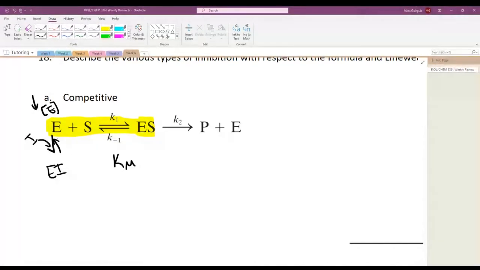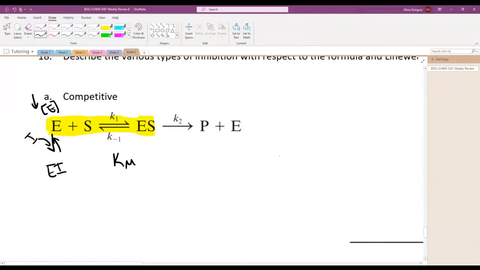Actually, we're gonna pause before we get into this. Your Km and your Vmax are almost intrinsic values. Your Km specifically is really an intrinsic value of the enzyme. So when I say how does Km change, what I'm really saying is how does Km appear to change, okay? Because Km is a constant, it doesn't actually change, but what we get is something called a Km apparent.